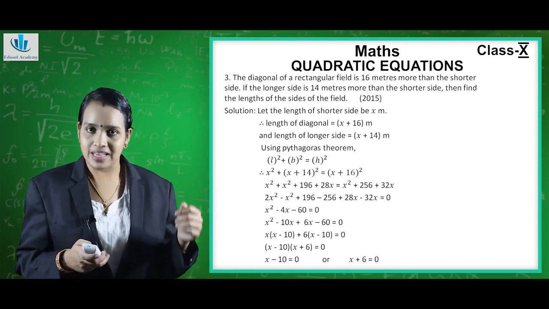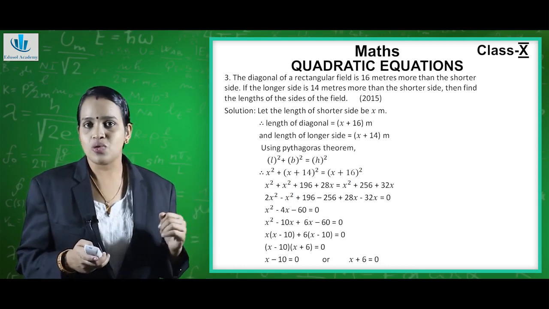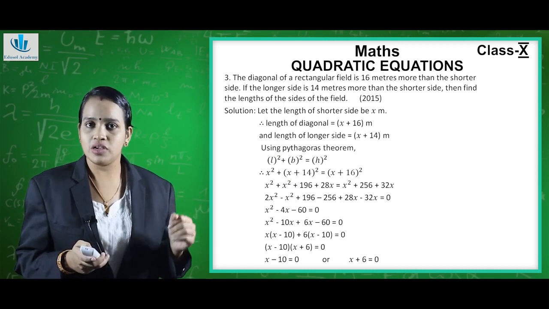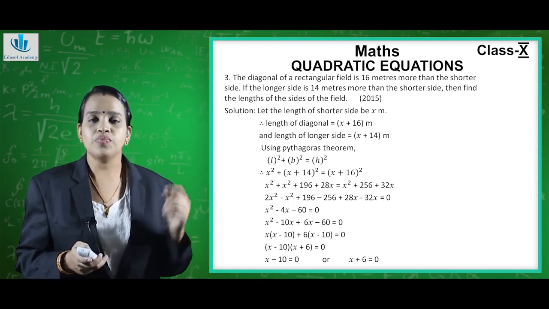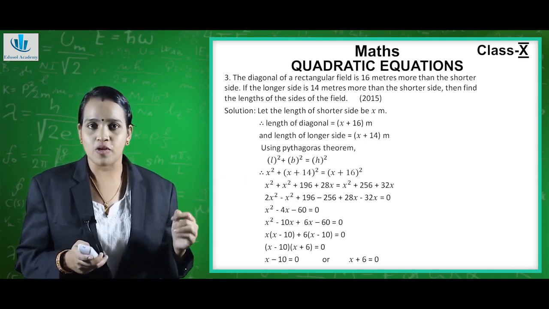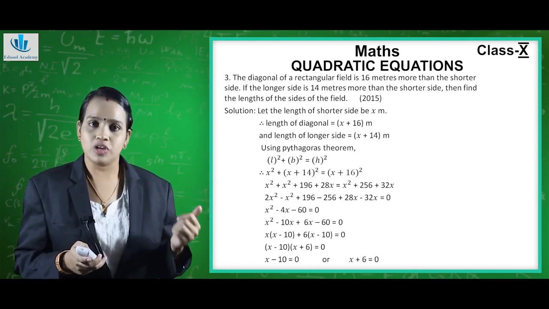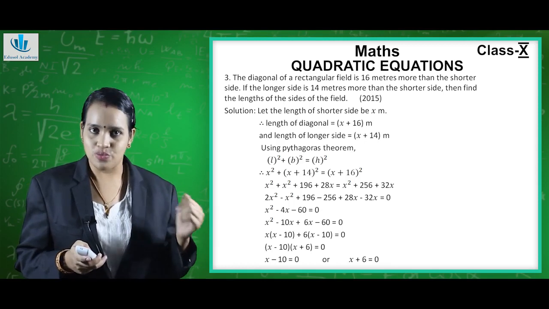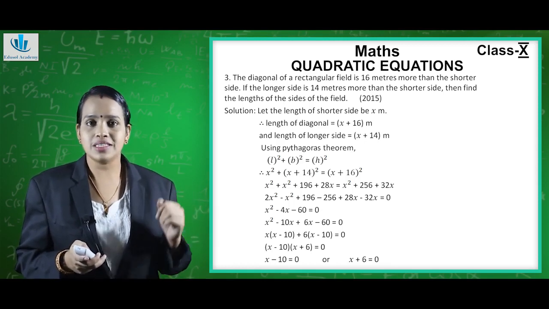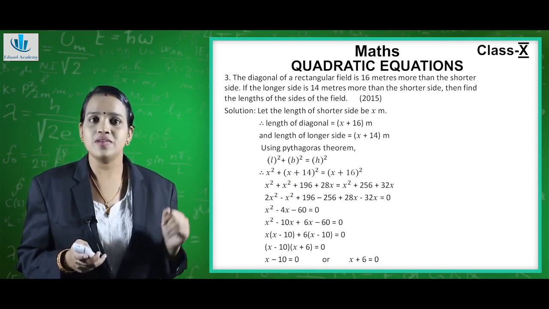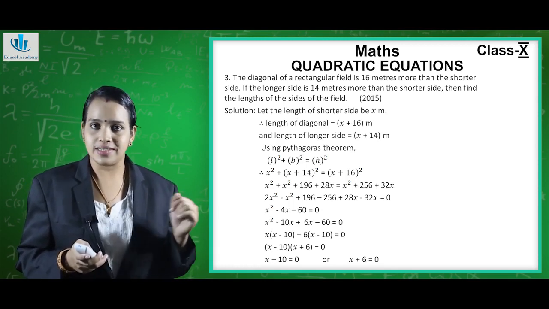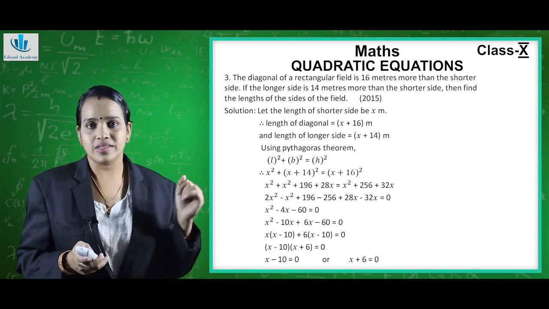So it becomes x raised to 2 plus 14 square, it is 196, plus 2 into 14x, it gives 28x, equal to, again here also we can apply the formula of a plus b the whole square. So it becomes x raised to 2 plus 16 square is equal to 256 plus 16 into 2 into x, it gives 32x. Now x raised to 2 plus x raised to 2 becomes 2x raised to 2.